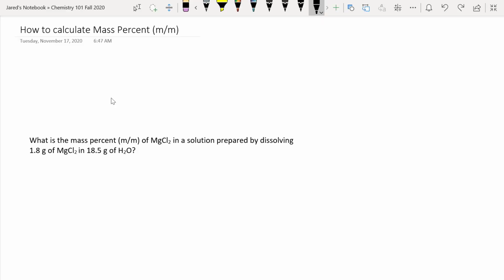So how do you calculate a mass percent as a concentration? There are many different ways to calculate or represent the concentration of a solution, and one of those is called the mass percent.